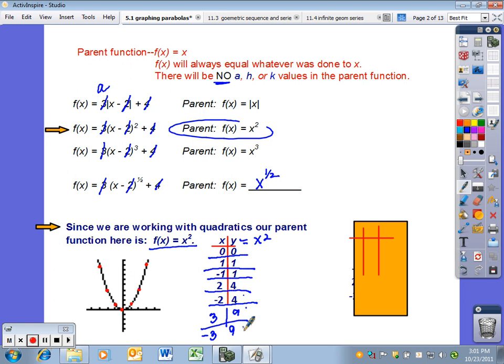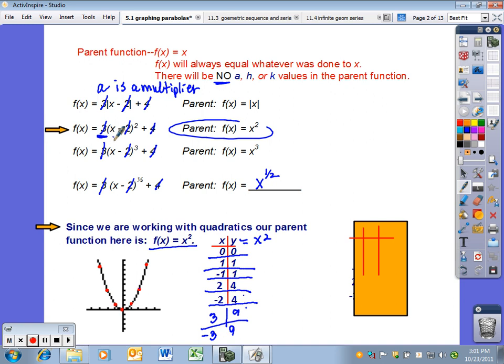So let's go back and look at our a, which was a 3. I am still going to stick in the x value of 0, and then I will square it, add 4, and then multiply by 3. So this is a multiplier. So a is a multiplier. So it will end up tripling our y value.